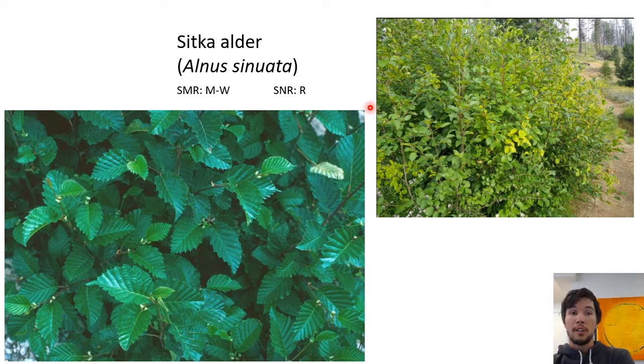Say you have a clear cut or a landslide, some type of disturbance just wipes out the overstory. You have this exposed site, you're going to have lots of alders, including the Sitka alder, that pop up right away. And that's what you can kind of see in this photo to the right here, is there's been some kind of disturbance, you've got this big cleared area, and then you get this big thicket of alders that pop up afterwards, and they tend to grow in this really tight bunch, kind of like that.